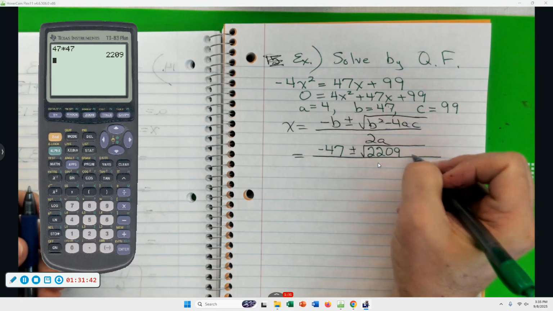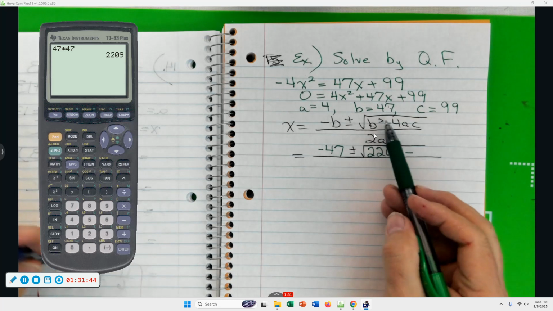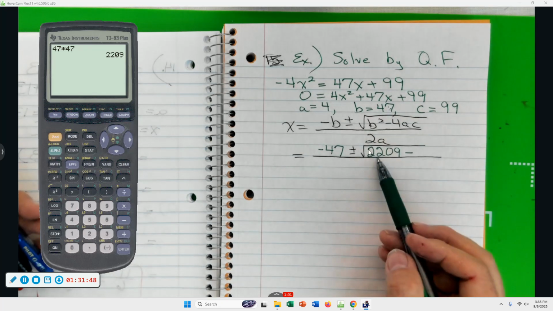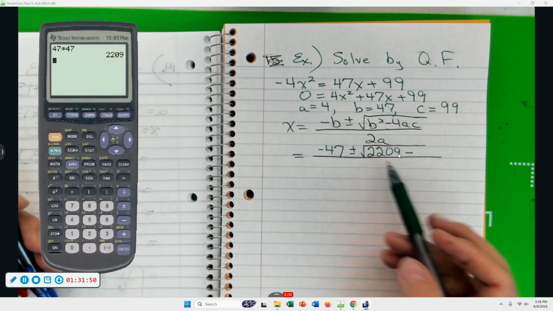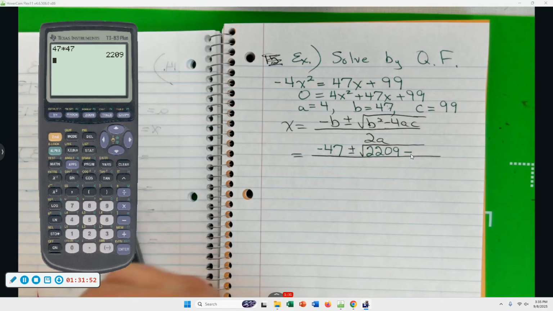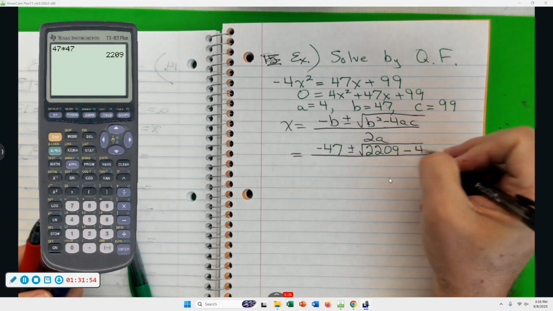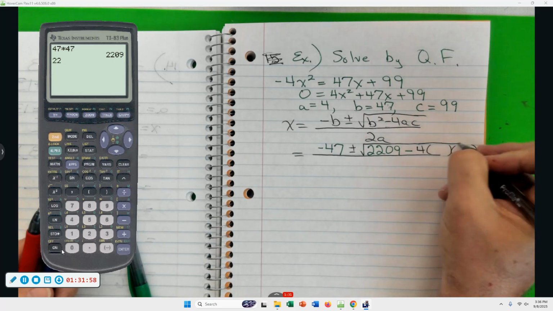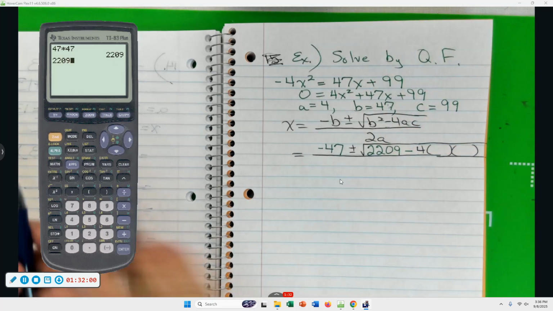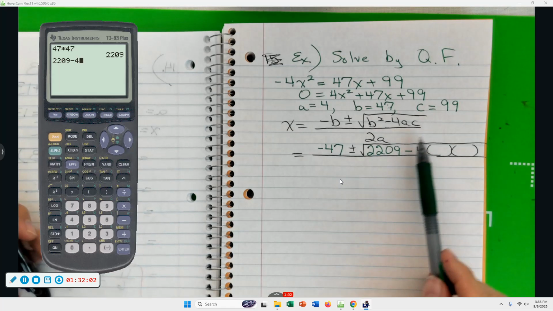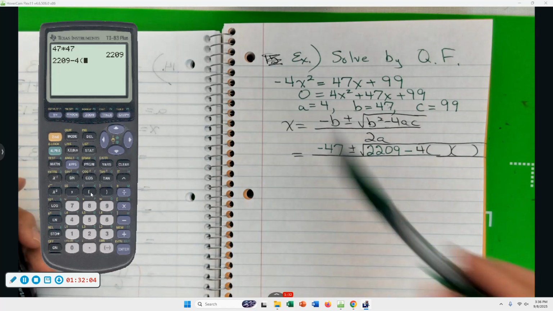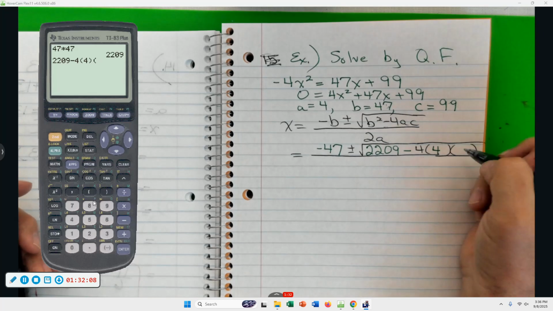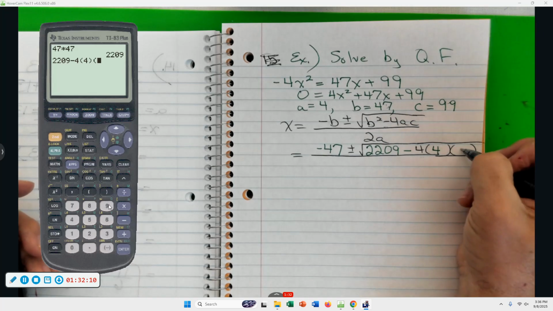2,209. Any questions on where I'm getting that b squared? 47 times 47 is 2,209 minus 4 times a times c. a is 4. c, what am I going to write here? 99.